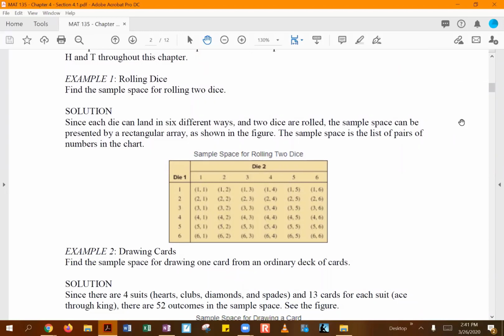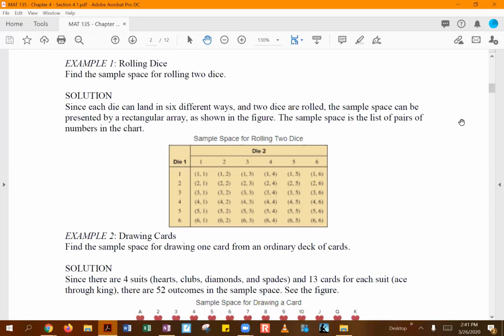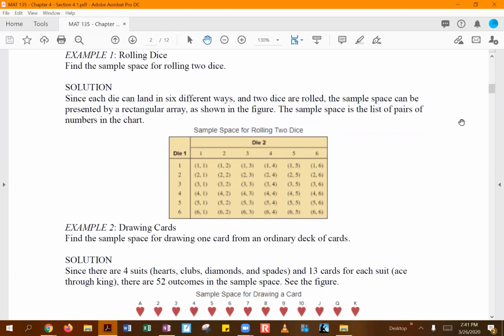They basically want us to come up with a sample space for rolling 2 dice. So just like we were tossing 2 coins, if you're rolling 2 dice, then remember each die will go from an outcome of 1 to 6. So now again, the idea is what are the possible outcomes you can have when you roll 2 dice. So if you look at this little box here, you can see we can have die 1, which you can think of as the vertical, the columns, and die 2, which is listed horizontally here.